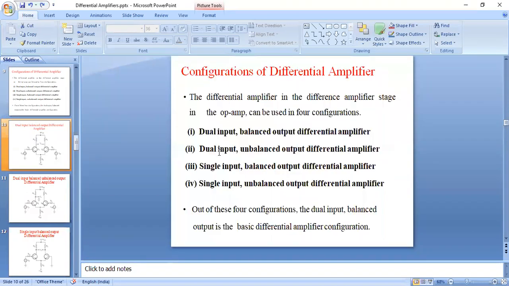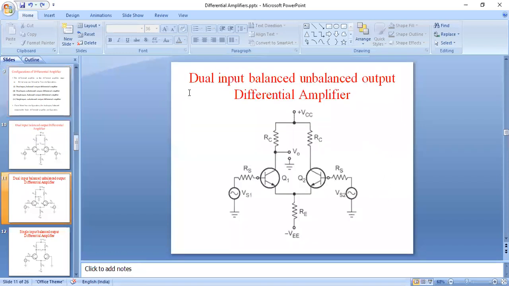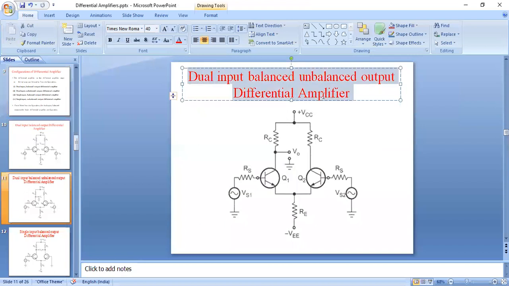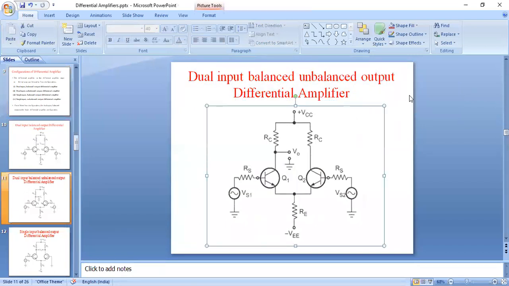The second one, dual input unbalanced output differential amplifier. Why is it called dual input unbalanced output? Here I am applying two inputs similar to the first one, dual input, but the output is taken from one collector with respect to ground, not between two collectors.